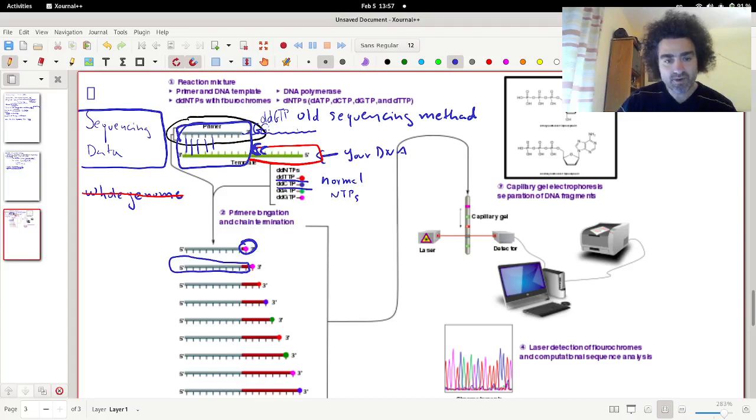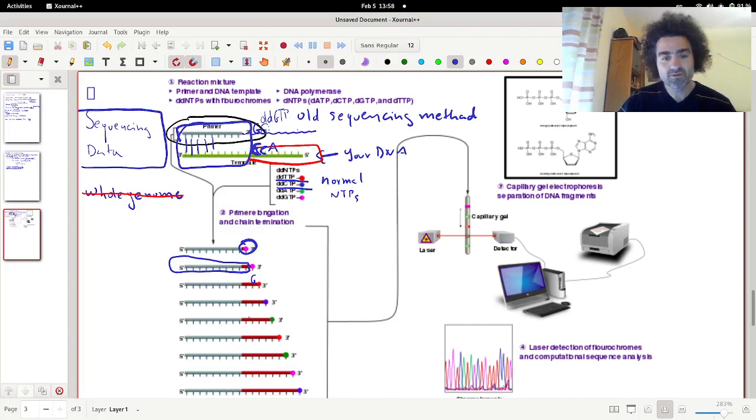Okay, then again it will be purple, but then again you will have another molecule, so you have several millions, or I don't know how many molecules in the liquid here. So it's possible that a normal G will enter instead of this ddTTP here. And then if this is adenine, then a thymine will be entered, but this thymine might be the ddTTP, so it will light red, and so on.